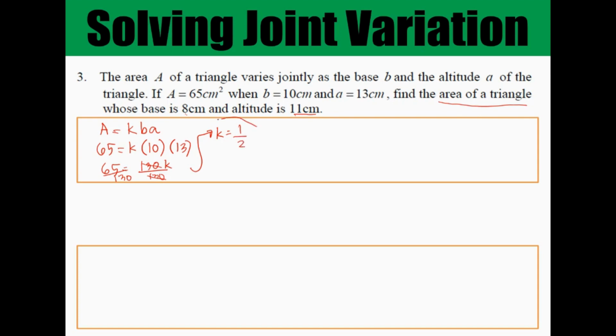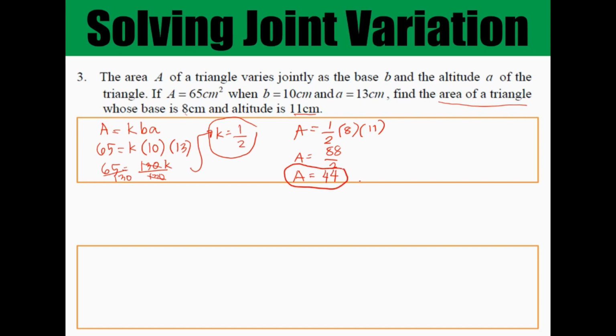Okay, so ang constant of variation of this equation is 1 half. Then, let's find the area of a triangle whose base is 8 and altitude is 11. So, constant is 1 half. Then 8 times 11. So A equals 88 divided by 2. Then area is equal to 44.